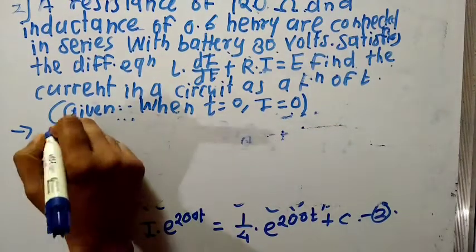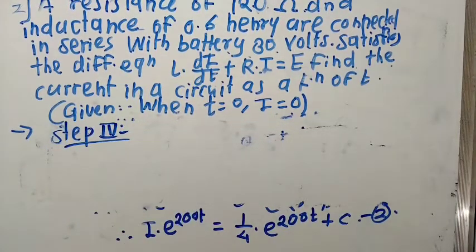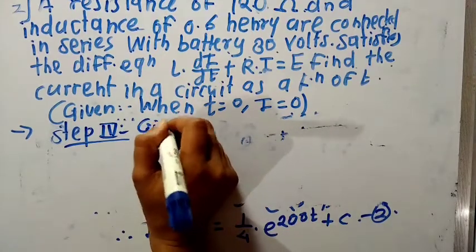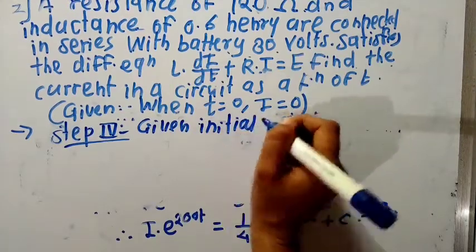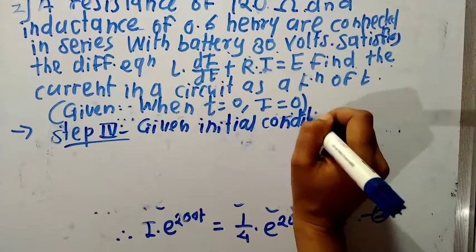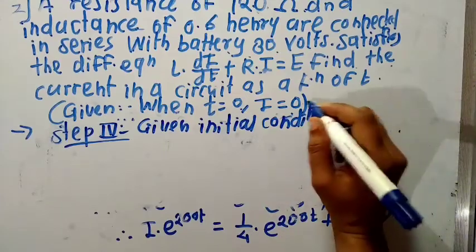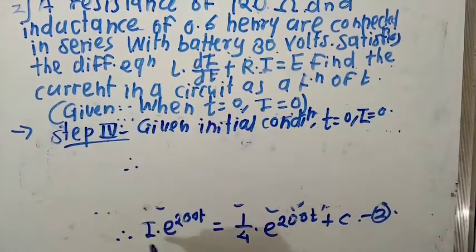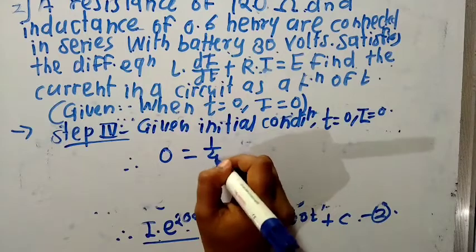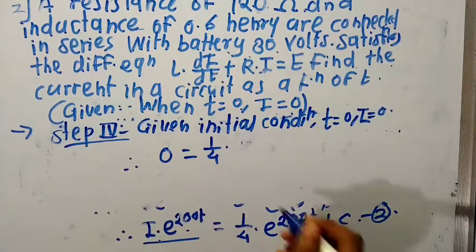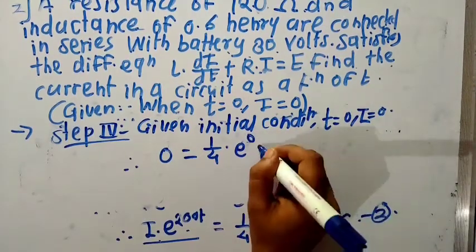Then step 4: we write down the given initial condition. t is equal to 0 and I is equal to 0, so 0 is equal to 1 by 4 into e raised to 200 into 0 plus c.